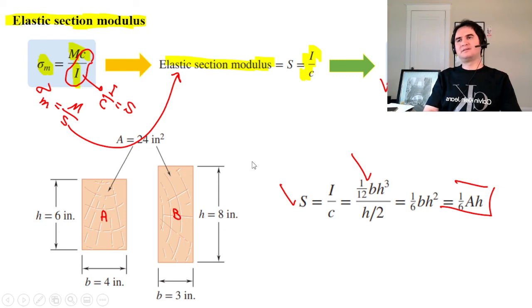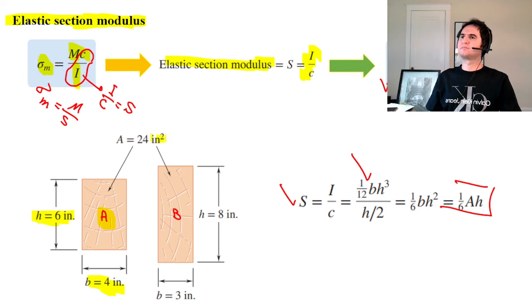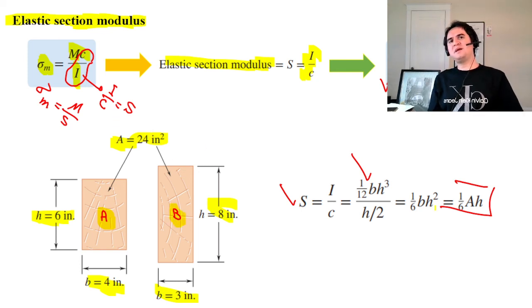And if you consider two elements, A and B, with the same amount of area, 6 times 4 is 24 inches squared for A, and 3 times 8 is also 24 for B. So both of them have the same area.